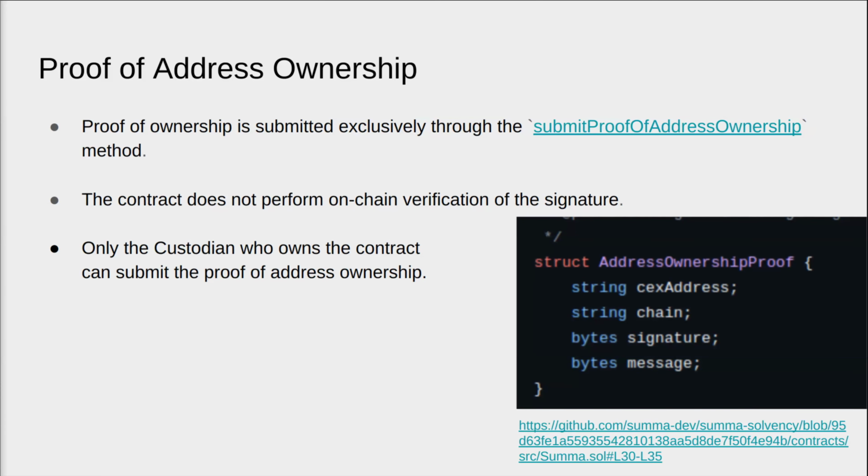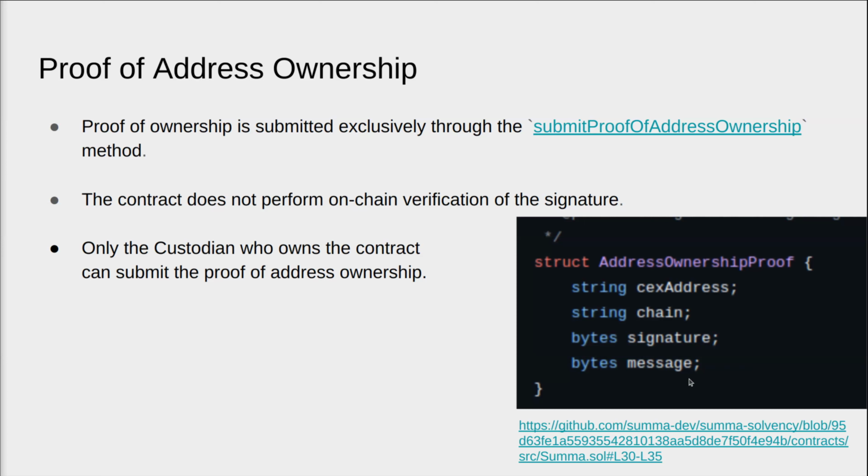The address ownership proof consists of 4 fields, as you can see on the slide, on the right side: the address, chain, signature, and message. I won't go into every detail as the concept is very straightforward, but it's crucial to understand that the signature here is generated from the given message.